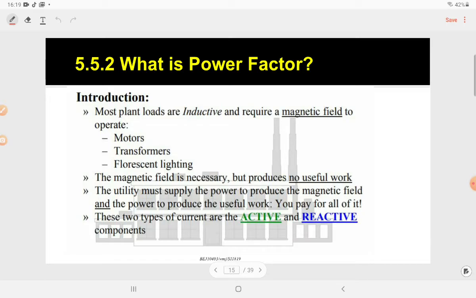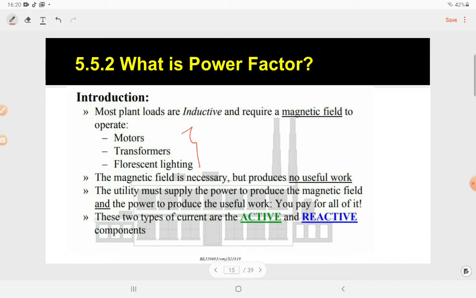So therefore, the supply that we use is not only to activate the real load, but at the same time you need to activate the motor and the transformer, right? Even though we do not use the motor and transformer directly, they are necessary in order to produce the useful work, right?